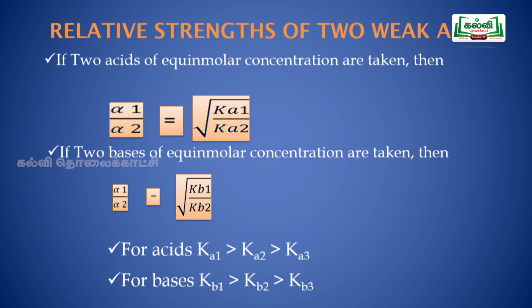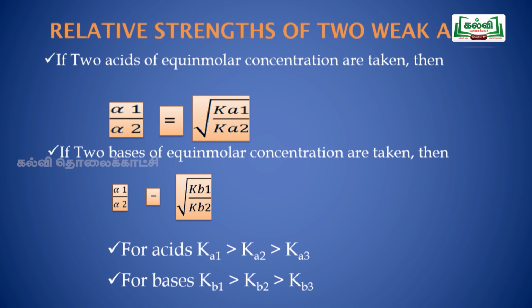What is this? Ka1 means, for example, you take sulfuric acid. Sulfuric acid can dissociate two times. First, H2SO4 gives H plus plus HSO4 minus. In the second step, HSO4 minus dissociates to give H plus plus SO4 2 minus. So, two times it gets dissociated.